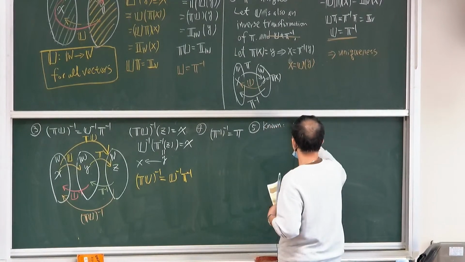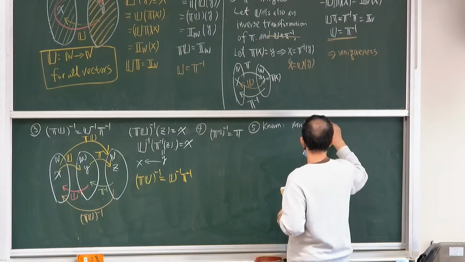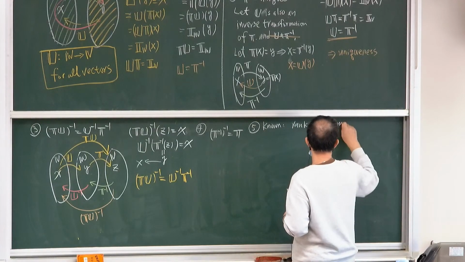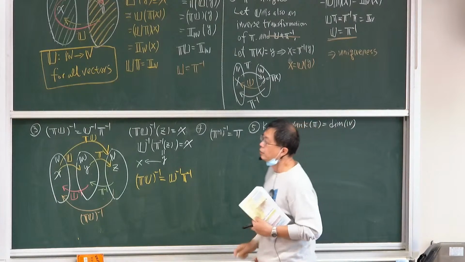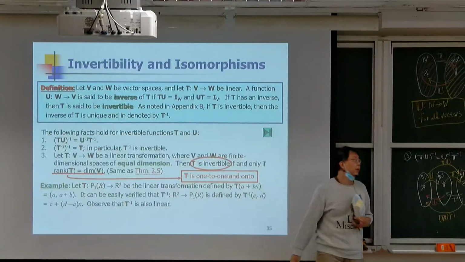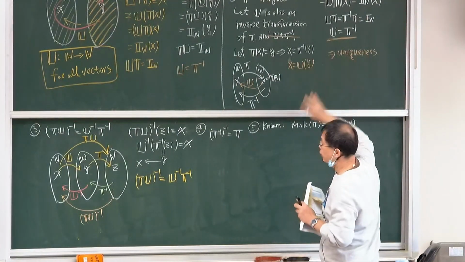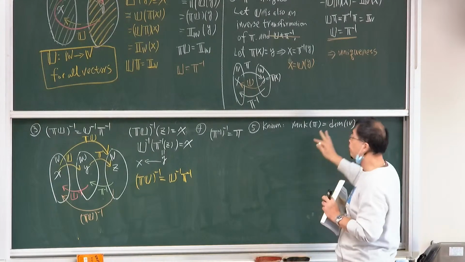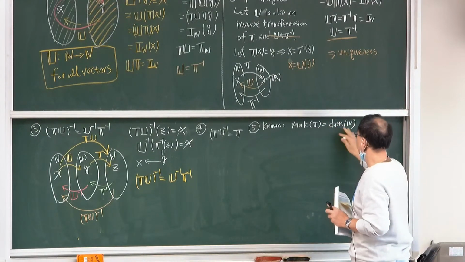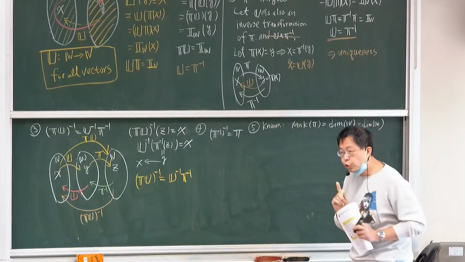What we have known is rank T equals dimension V, which implies 1 to 1. And also, because we have already proved it, rank T equals dimension V and it equals dimension W, so it's also onto.